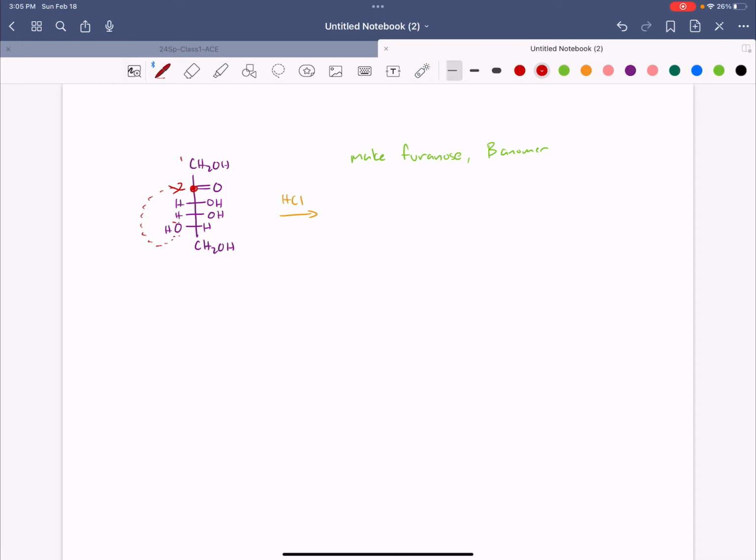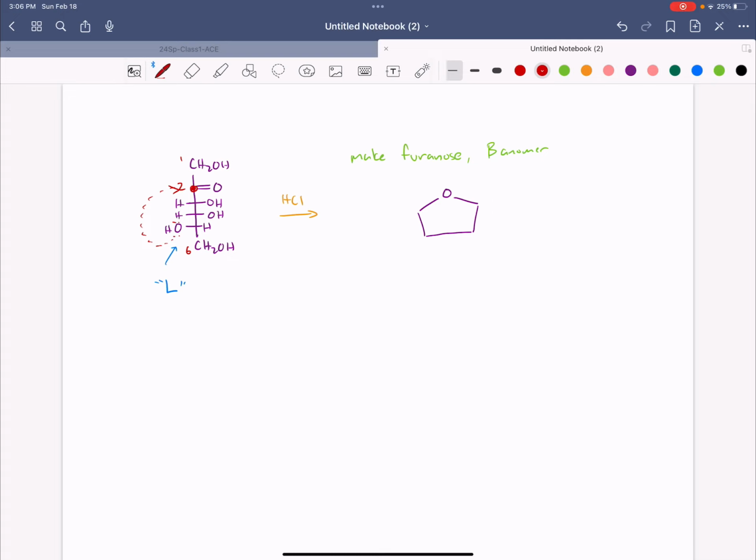The convention, to make things a lot easier, is to draw your oxygen at the top. Give yourself a bit of space, because what I notice is that this is L, not D. And when it's L, your last carbon number 6, in this case, is going down.